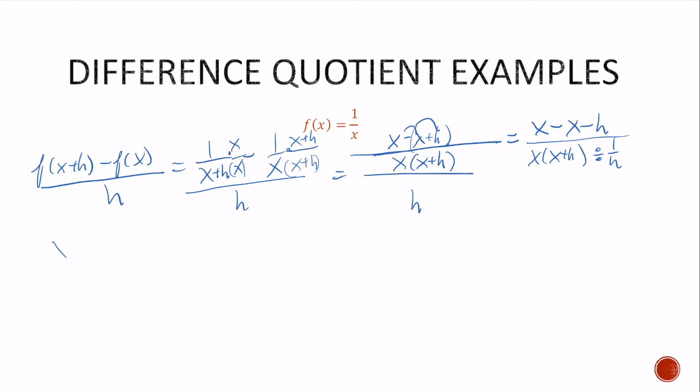So I have negative h, because my x's cancel, over x times (x plus h). Well, when we're dividing by a fraction, that's really multiplying by the reciprocal. The reciprocal of 1 over h is h/1, so I've got h. My h's cancel, so my difference quotient is negative 1 over x times (x plus h).